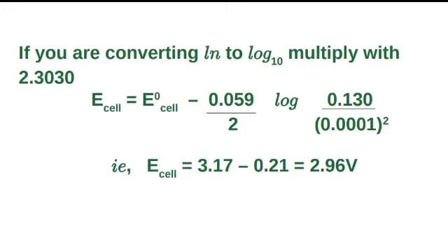So you get the answer E cell is equal to 2.96. One more thing to remember is that the value of E cell is comparatively lower than the value of E0 cell, the standard EMF.